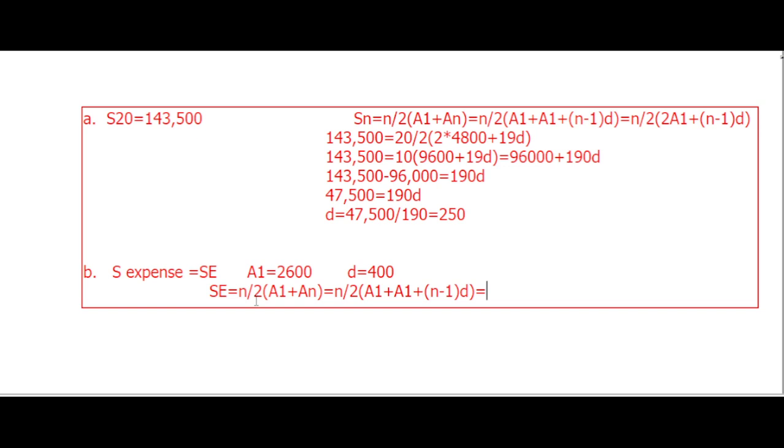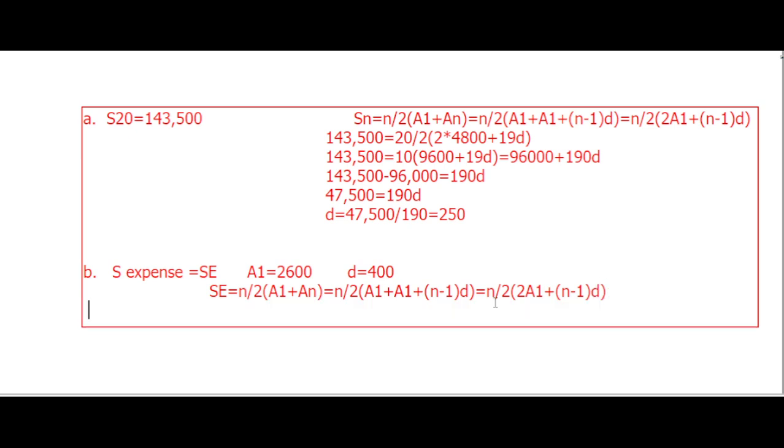This is equal to n over 2 times (a1 plus a1), here we have 2a1, plus (n minus 1) times d. After this, let's substitute the given conditions.